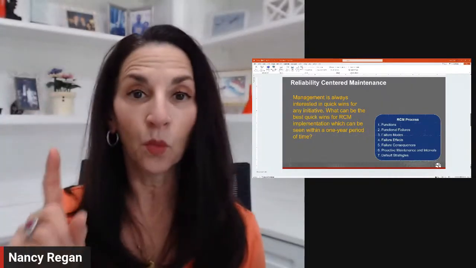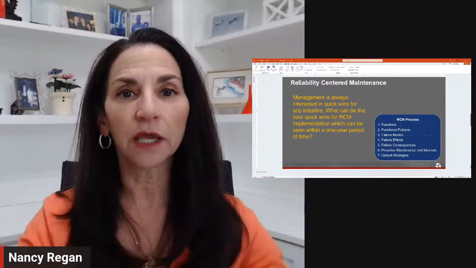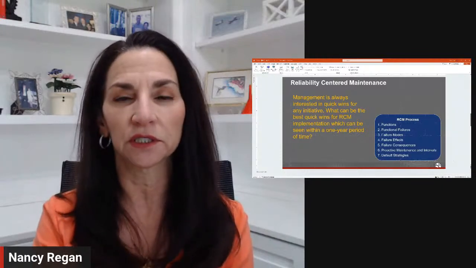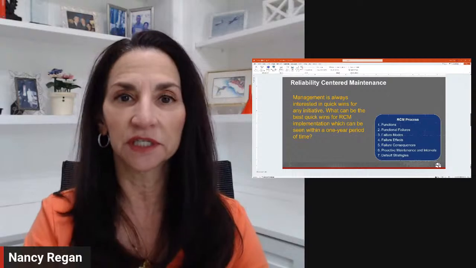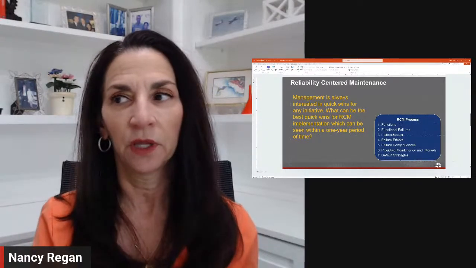One other thing, this is a big one. When we do reliability-centered maintenance properly, we use a facilitated working group approach. That is, an experienced facilitator leads a team of equipment experts.